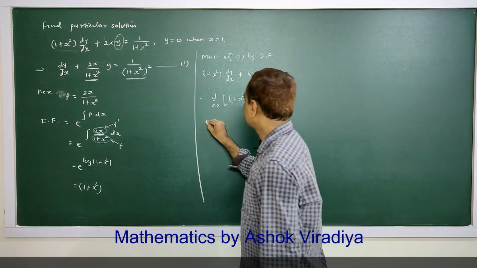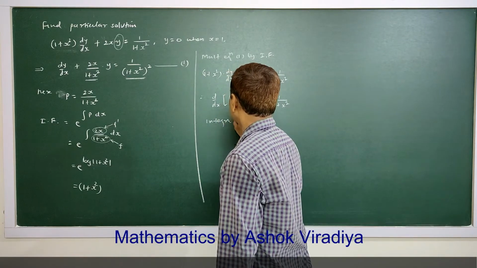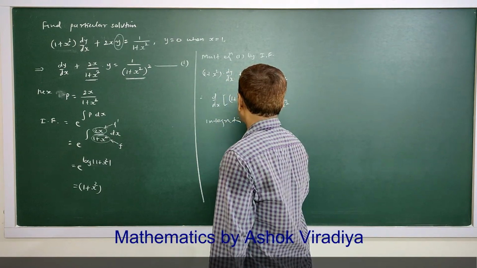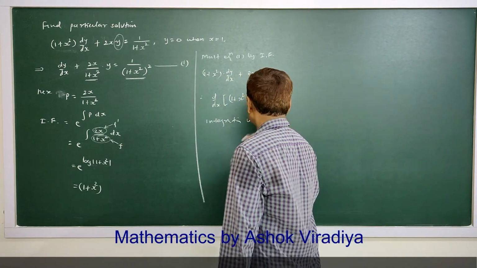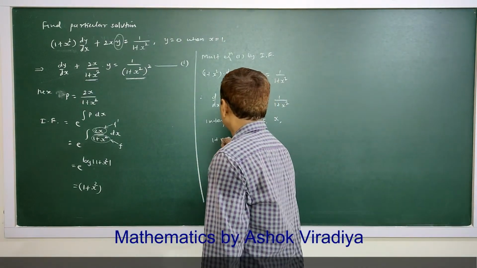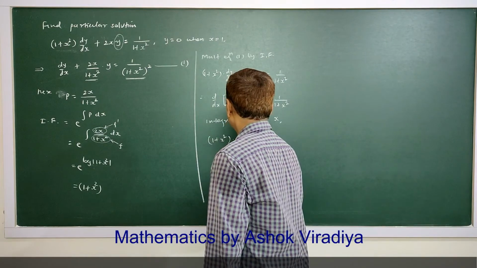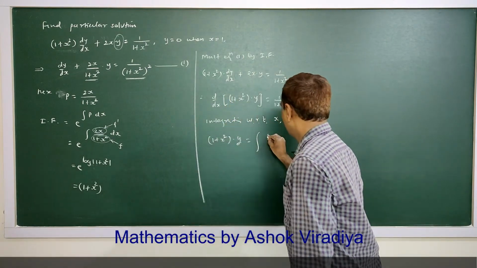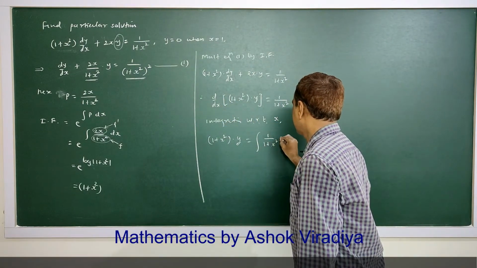Now integrating both the sides with respect to x, the integral of the LHS is 1 plus x square into y, and on the right, the integral of 1 upon 1 plus x square.